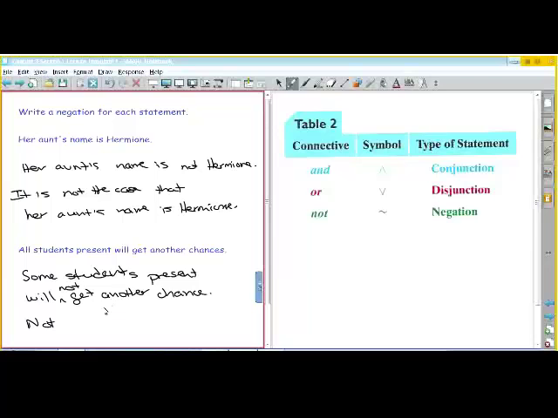Yeah, that was the original one I was thinking of. I was trying to use that previous example, because usually I do it in this order. I do this one first, and then the other one, and I was like, oh, they're the same. So you could say not all students will get another chance.